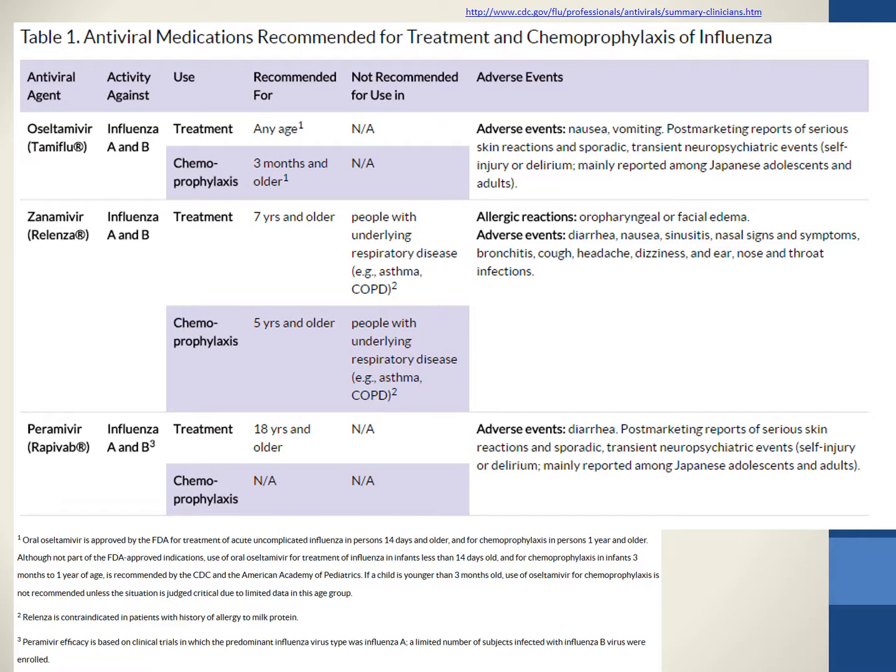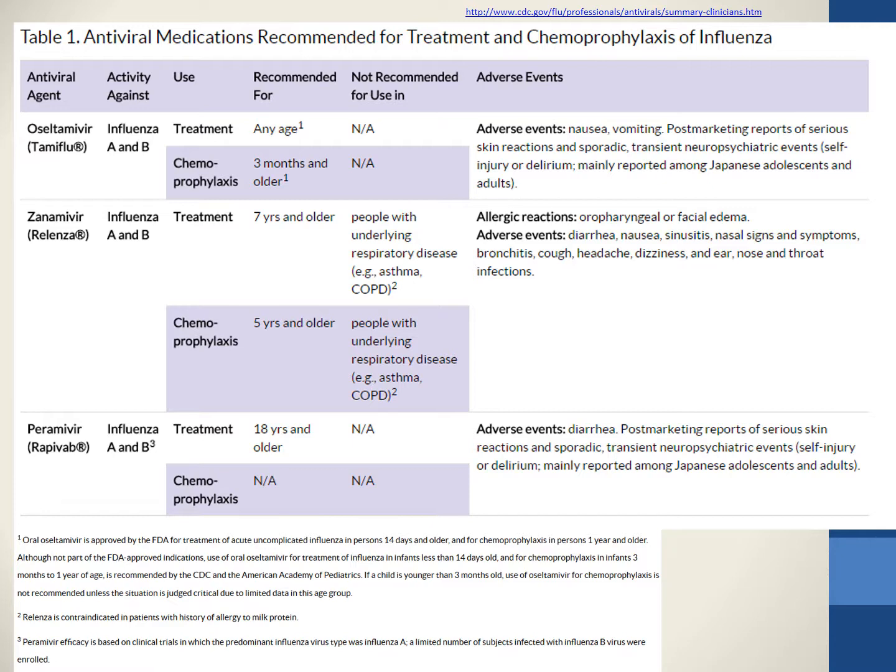So we're going to walk through a couple of key points with respect to oseltamivir and zanamivir. You can see that both of them are indicated for treating influenza A and B. The difference, though, is that there are some age-related limitations. For treatment, oseltamivir can technically be used at any age. Obviously, if you're dealing with a very, very young infant, you'd want to be working with a pediatric specialist for that.